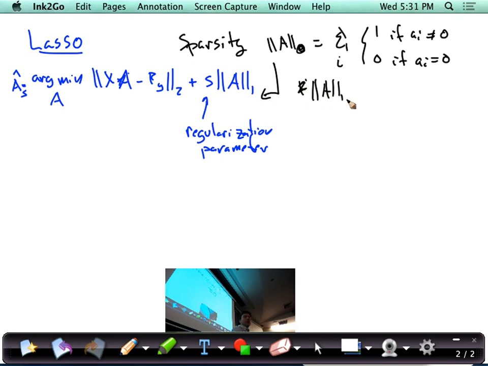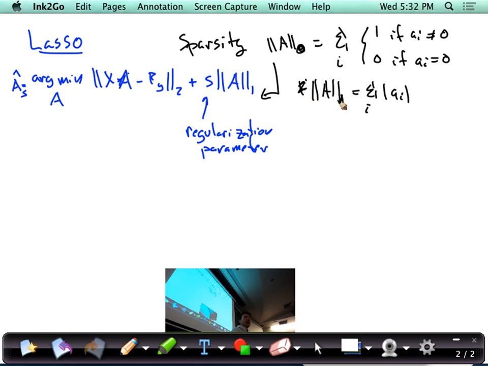The A1 norm is equal to the sum over i of the absolute value of the ith coordinate. So I just want to sum the values of the coordinates. I want these all to be small. Of course, if it's 0, it's as small as it can get, which is great. But if it's 0.0001, I still have to pay attention to it, it's not 0, but the cost is not very large.